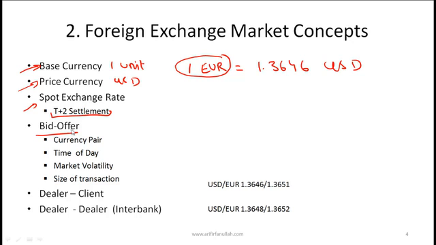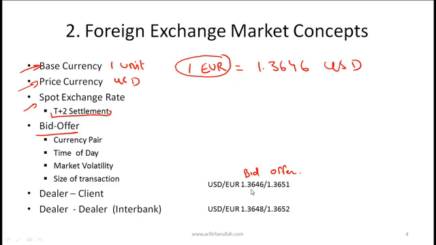So whenever you look at a currency quote, there will be two numbers. So for example, over here we see both the bid and the offer, and notice that the offer will always be higher than the bid.